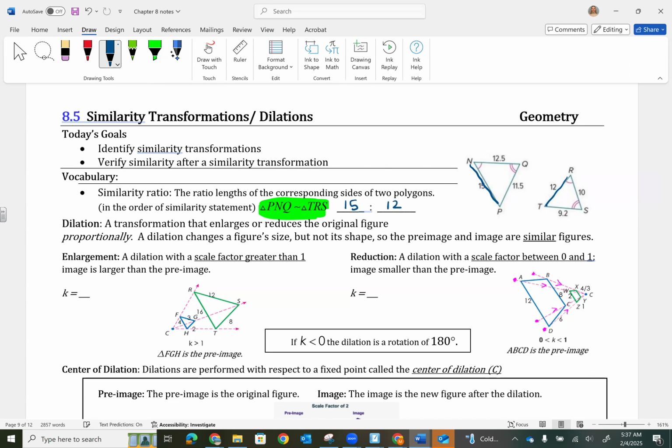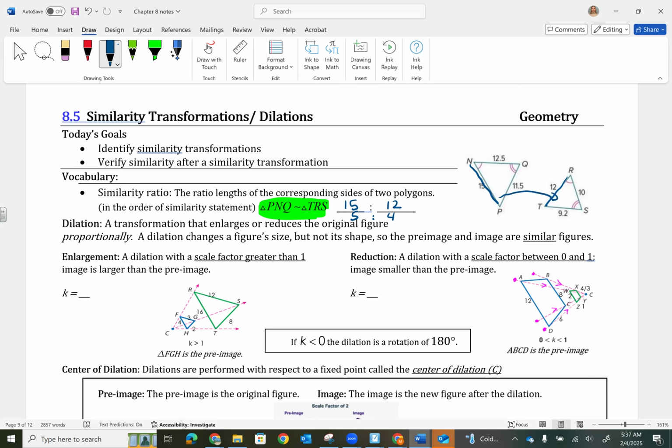If you put it in the order they give it to you, divide both by 3, it would be 5 to 4. To be frank, a similarity ratio, we don't necessarily do that very much, but it is true. Mostly we talk about scaling factors, like what are we going to times by to get from here to there?